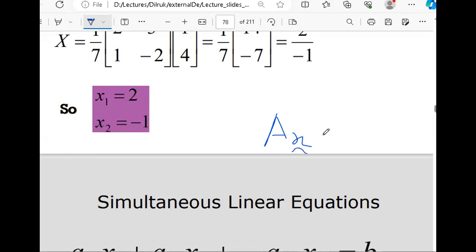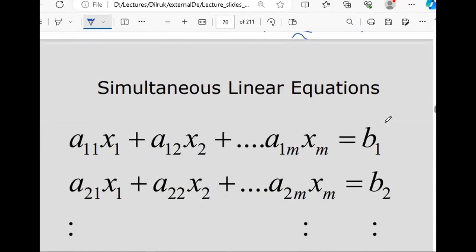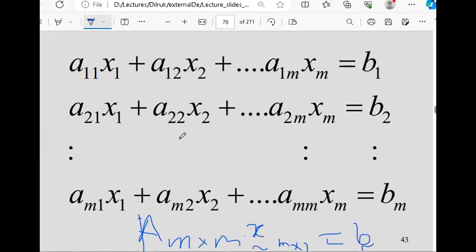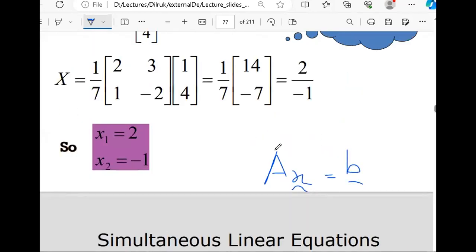Ax is a vector, b. Very easy. We don't need to write out everything, all the terms. This is the condensed matrix form.